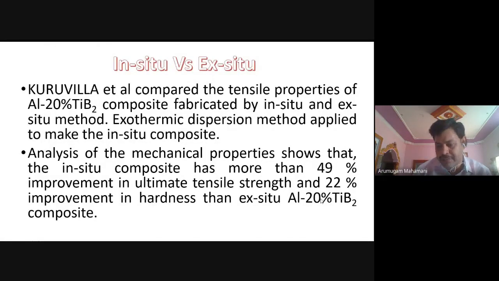We get a very good improvement because of the chemical reaction, the boiling action, uniform distribution of particles, and the thermodynamic stability, which makes around 50% enhancement. In that way, in situ composite is more advantageous.